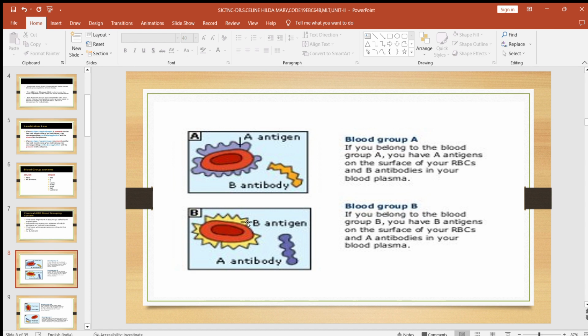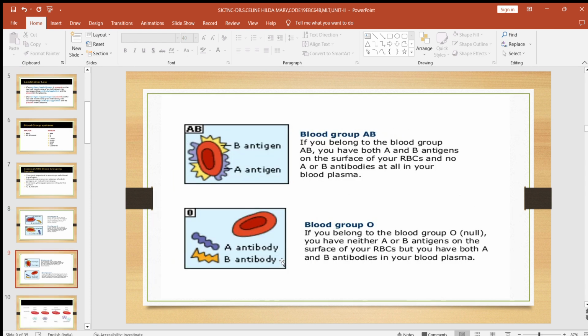Likewise, if the person belongs to the B blood group, they have the B antigen on the surface of the red cell membrane, and they have the opposite antibody, that is, the A antibody is present in the plasma. If the person has the AB blood group, both the antigens A and B are present on the surface of the RBC, but neither A nor B antibody is present in the plasma.